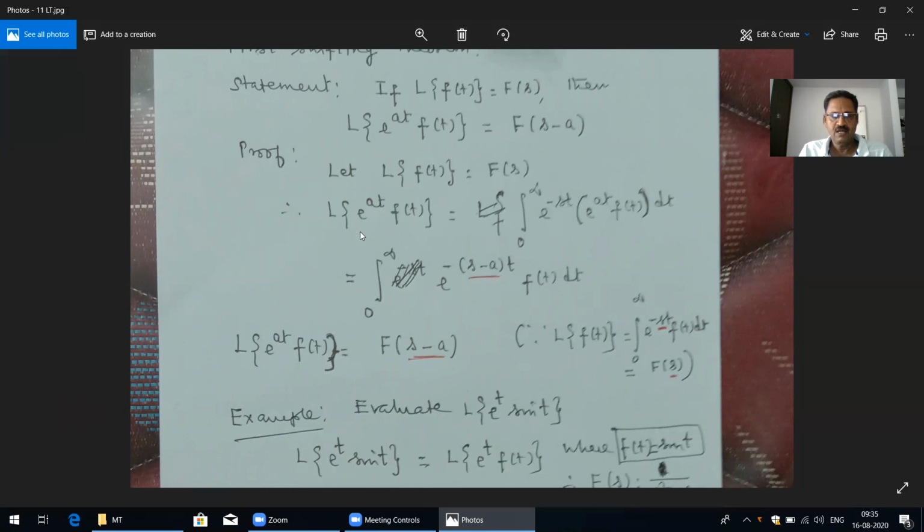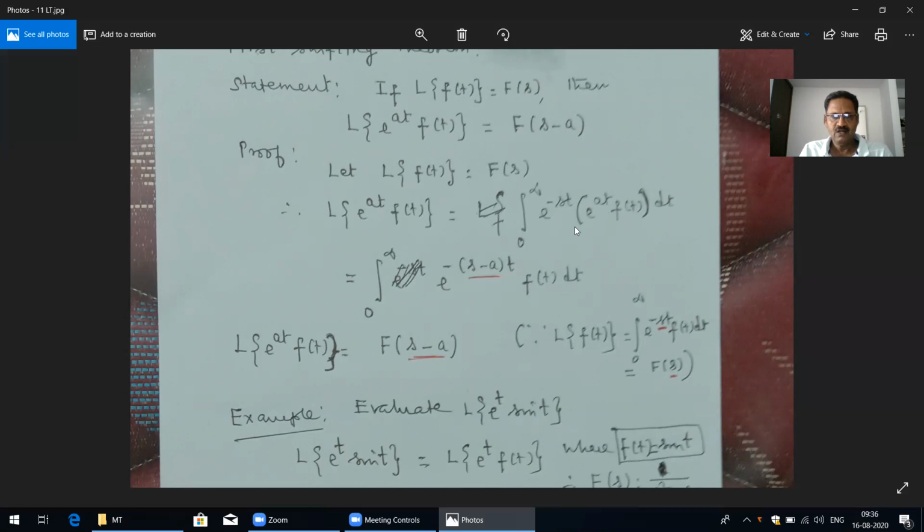See here now, the Laplace transform of e power at into f of t, by the definition, can be expressed as the integral from 0 to infinity of e power minus st into e power at into f of t into dt. Now, based on this, we have to combine only the first two terms, the exponents of e, giving e power negative (s minus a) into t, f of t into dt.